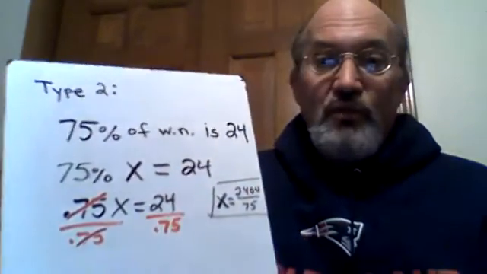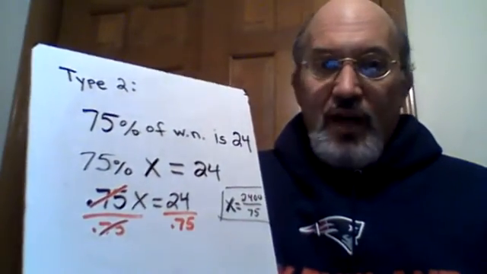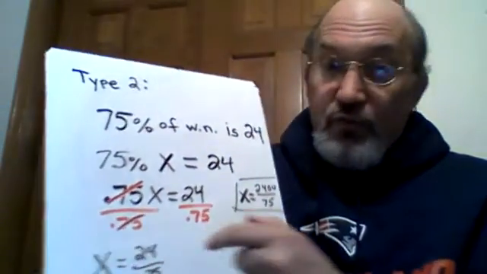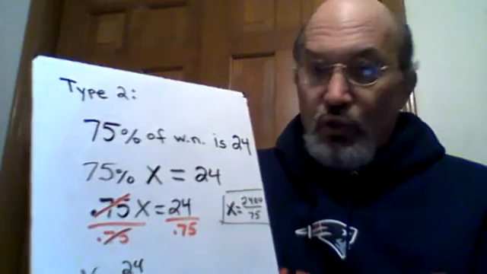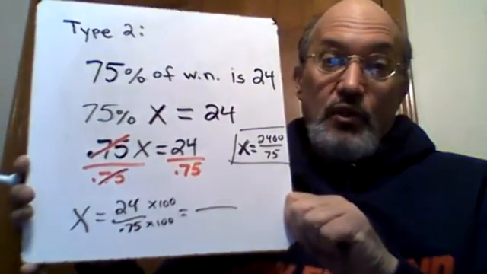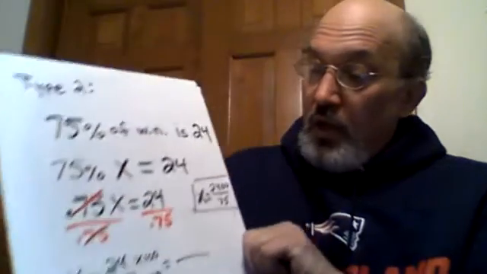This is a decimal division. 24 divided by 0.75. That's what the x is. And how did we learn to do decimal divisions like this? Well, we learned that if you're not a calculator, it's difficult to do the long division 24 divided by 0.75.